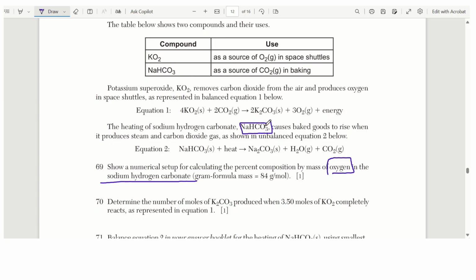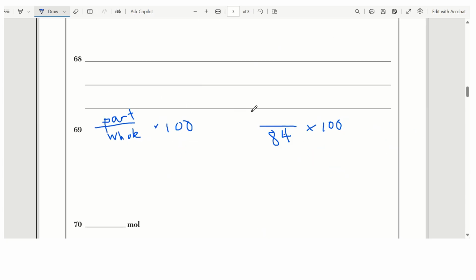How many oxygens are in that formula? 3. What is the molar mass of each mole of oxygen? 16. So the total mass for the oxygen piece is 3 times 16.